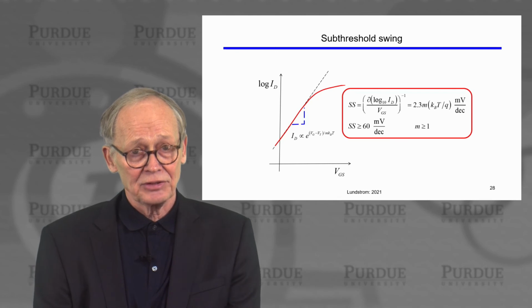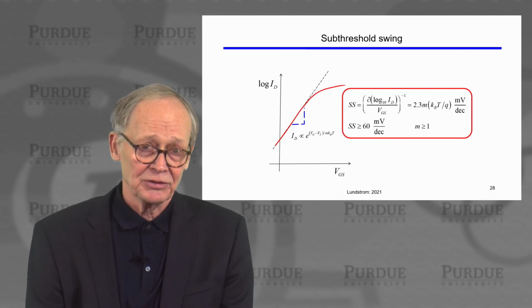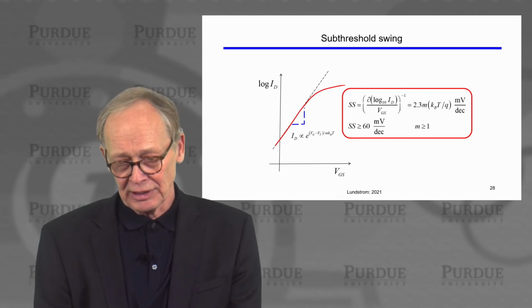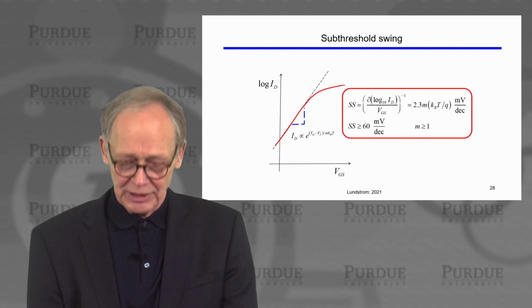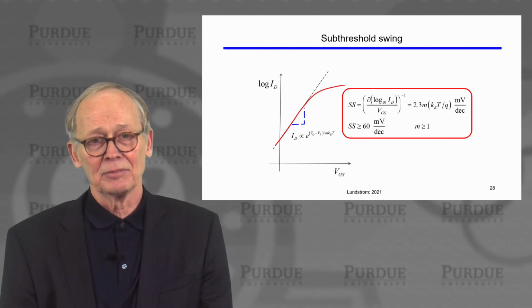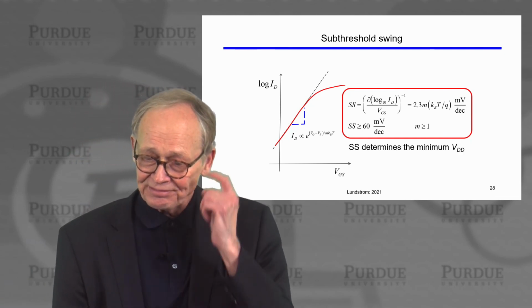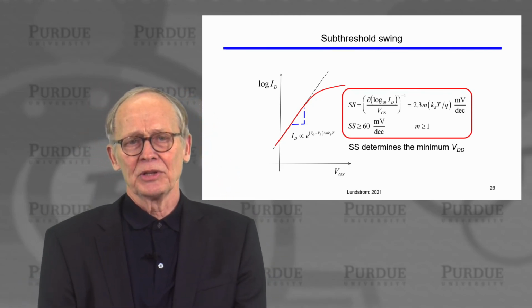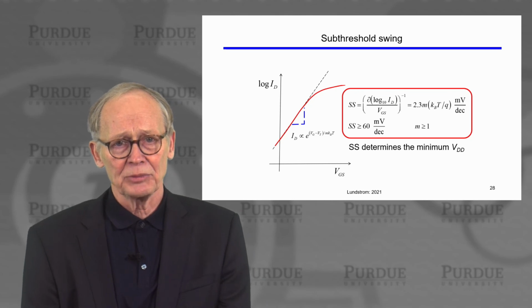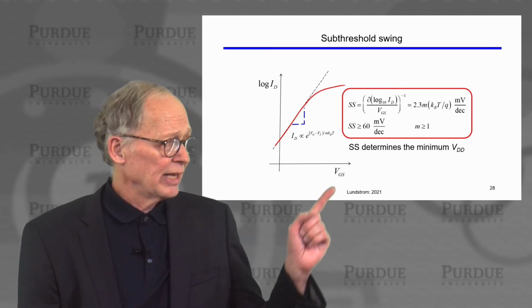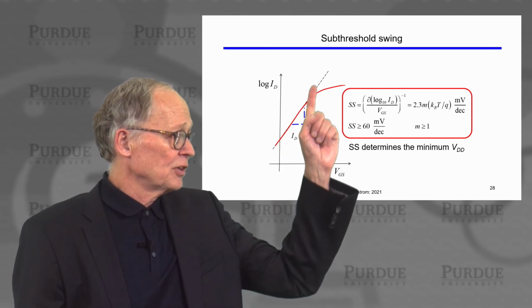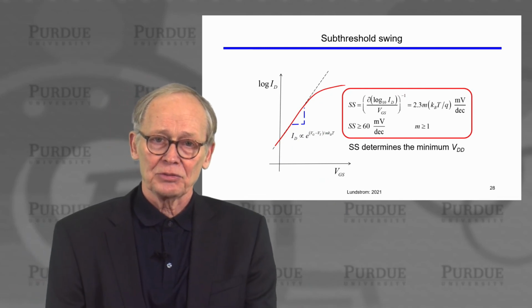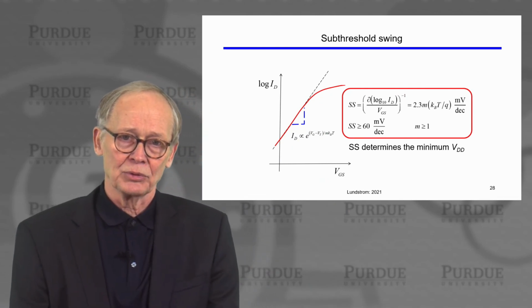And the transistor designer tries to make m as close as possible to 1. Two-dimensional electrostatics degrade m. Fully depleted structures help m. The transistor designer does the best job that she or he can do to make m as close to 1 as possible. Now, subthreshold swing is important because it determines the lowest power supply voltage that we can use. We would like to go from off to on conditions with the smallest possible power supply voltage.